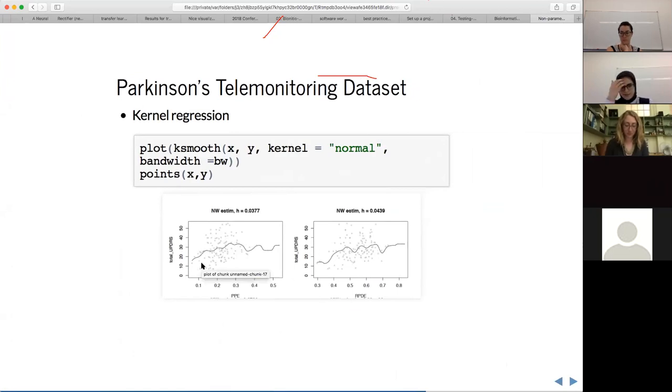For an NW estimator, you of course need to find an optimal h. The optimal h is typically determined by doing leave-one-out cross validation. In this case, we are using a custom script to come up with the optimized h, the bandwidth value. But the idea is that you can use the plotting functions to fit an NW estimator to data.